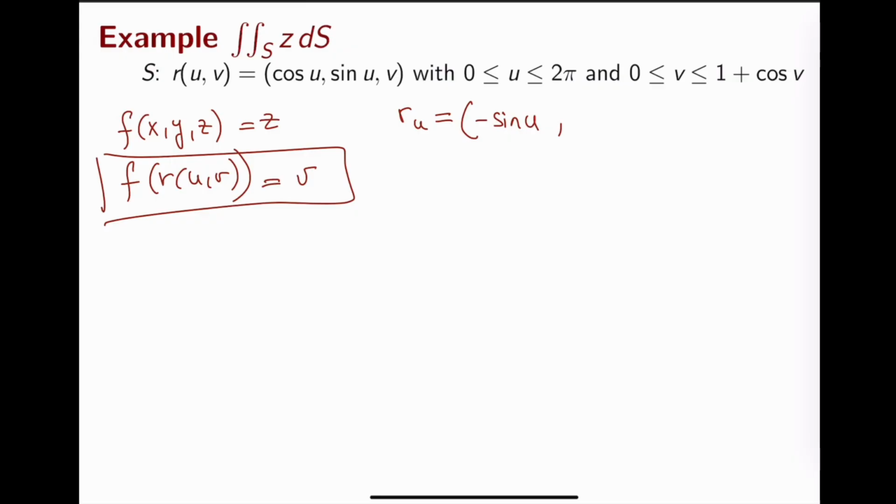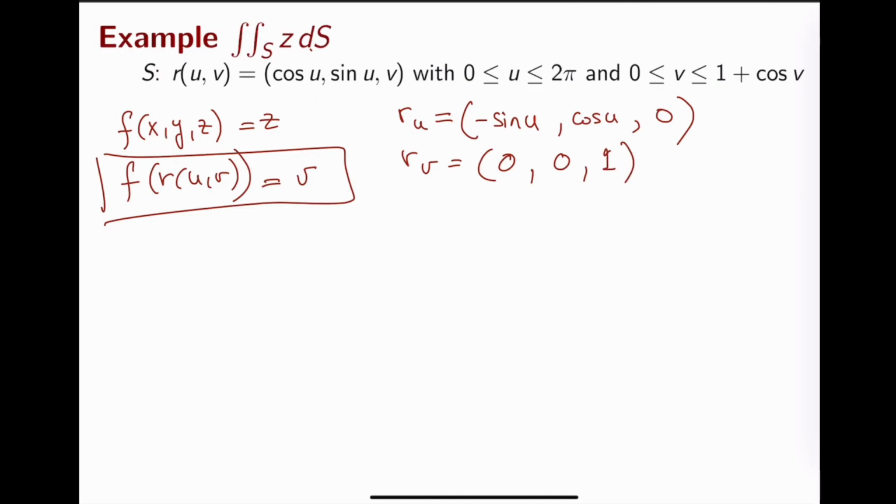The derivative of sine of u is cosine of u. And the derivative of v is 0 with respect to u. For the derivative with respect to v of each of the components, the first is just 0, it does not depend on v. The second is also 0, and the derivative with respect to v of the last one is 1.